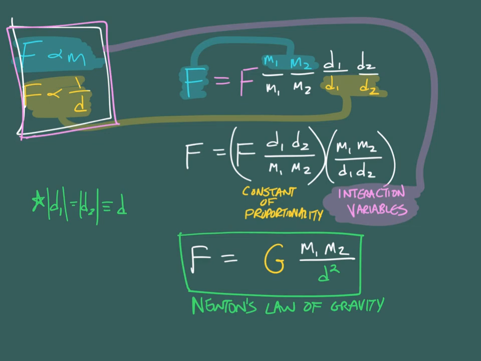All right? There are more complicated ways to talk about the structure of a law like this. This is the least complicated way. All right? And so if we were to plug and chug the values that we had from the other screen. All right, here we go. So force, D1, D2, M1, M2.